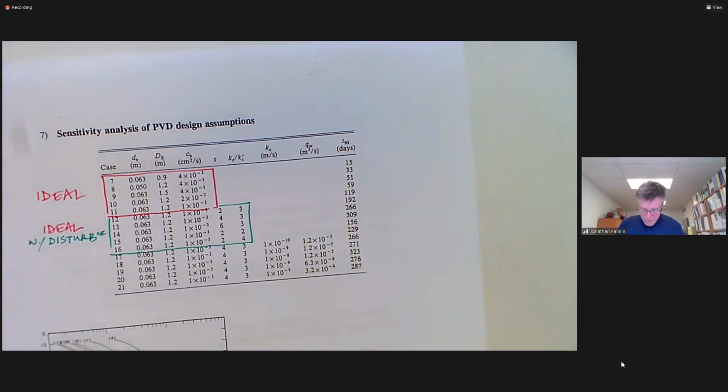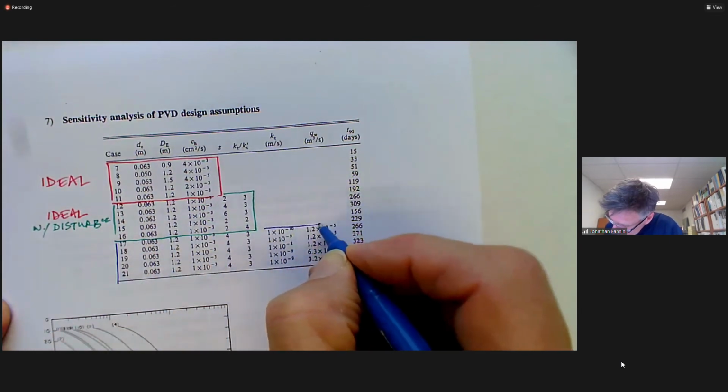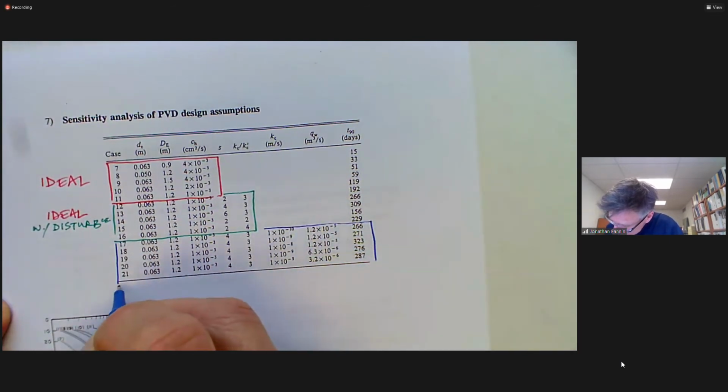And then we did a sensitivity analysis to the ideal case with disturbance and with drain resistance. And that would be the bottom set.